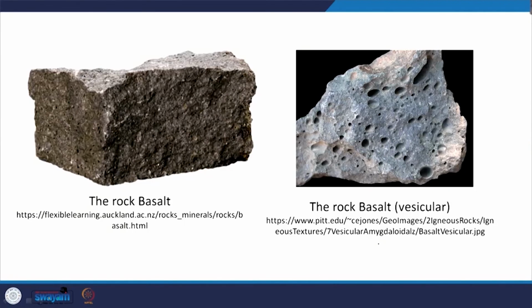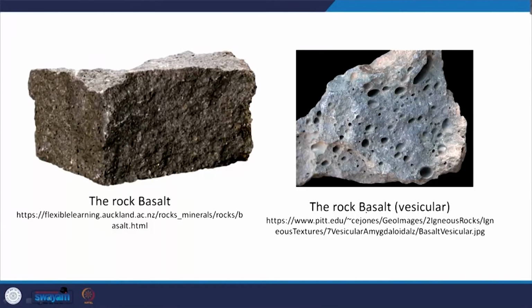The next rock that I want to discuss with you is basalt. You can see that this slide shows two views. One is the rock basalt and the other is again basalt, but vesicular. So what do we understand by vesicular? You can see these kinds of formations in this rock. This is an igneous rock.